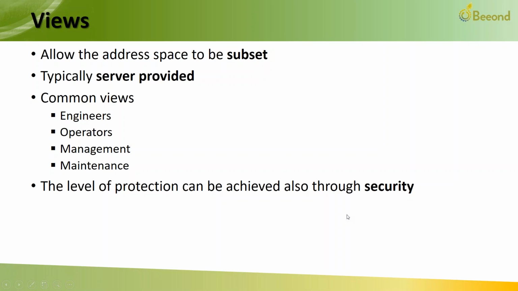And you would provide different views for different uses of your server address space. And you have an example here. If the maintenance operator connects to that device, it might be interesting to see things that an engineer who designs the device is not interested in.